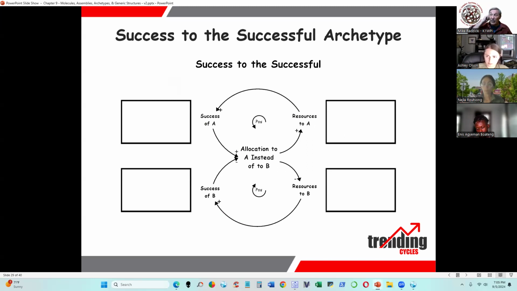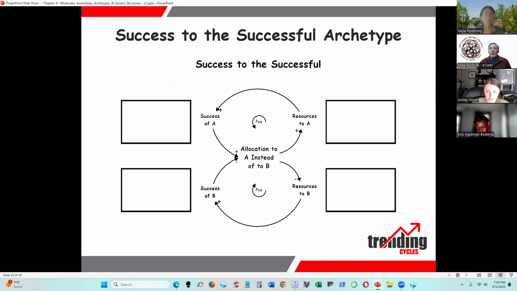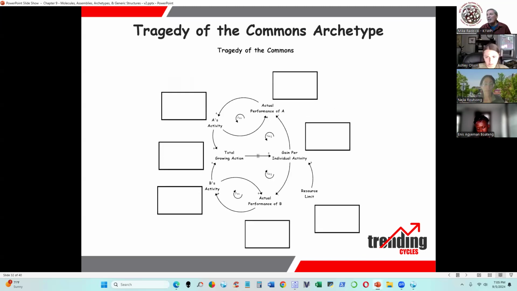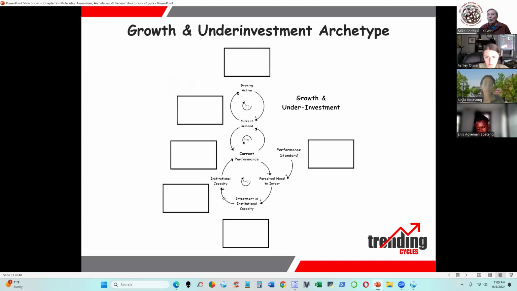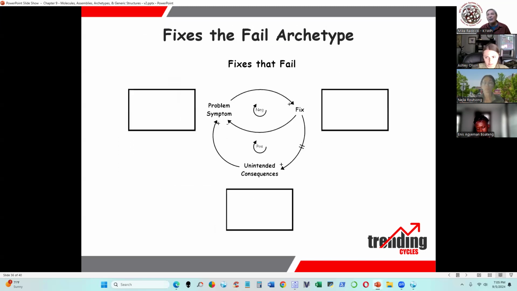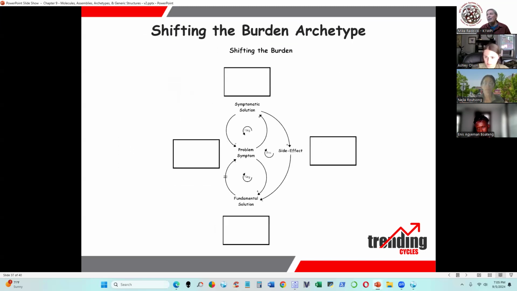I think Peter's book, or the Fifth Discipline workbook, does this. I don't remember what it's called. We don't have to go through these here and now, but there's success to the successful, limits to growth, competing limits to growth, tragedy of the commons, growth and underinvestment with eroding goals, accidental adversaries, fixes that fail, shifting the burden.